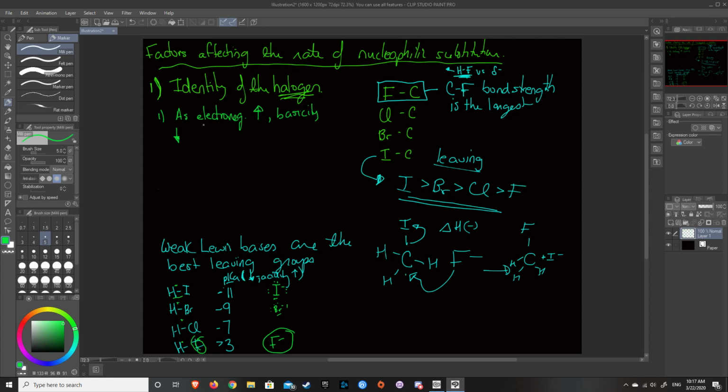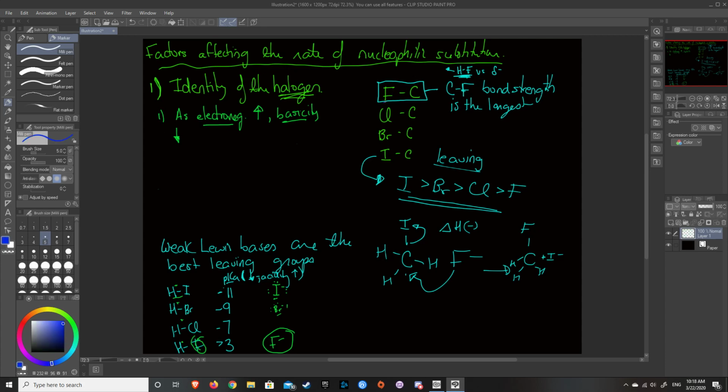As the atom starts to want more electrons, its ability to donate those electrons is less, so it's a weaker base. Fluorine is very, very electronegative, but this is where the rules don't always apply.